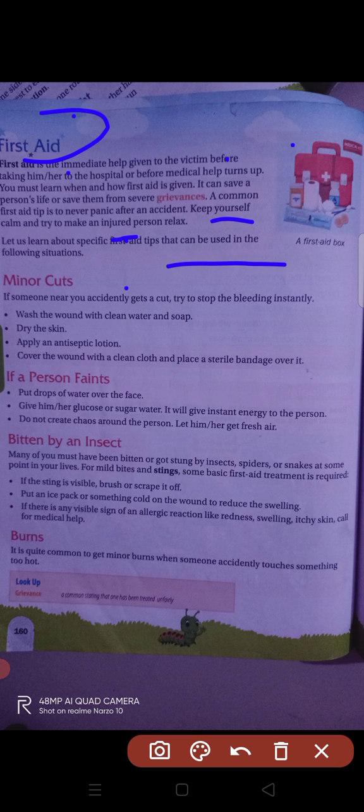For example, imagine you are crossing the road and suddenly a grandmother who is also coming on the way with you fell down suddenly. Then what do you do actually? If she gets injuries, or if we leave her as it is, then she will feel some panic, right? And also she will suffer from pain. So instead of that, if you just care for her, that is nothing but first aid.